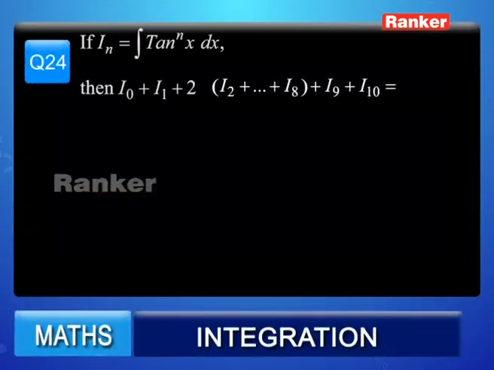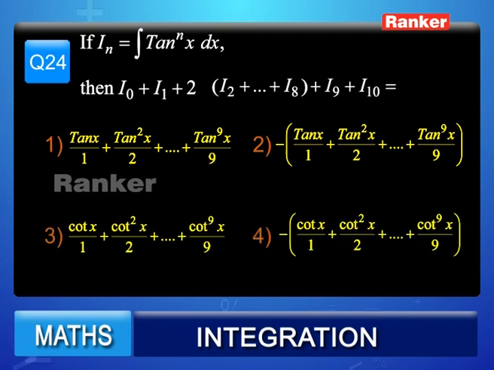Let's move to the next question, question number 24. If In is equal to integral of tan x raised to the power n dx, then I0 plus I1 plus 2 times of I2 plus I3 plus so on up to I8 plus I9 plus I10 is equal to, the options are, first option tan x by 1 plus tan square x by 2 plus tan cube x by 3 so on up to tan x power 9 by 9.